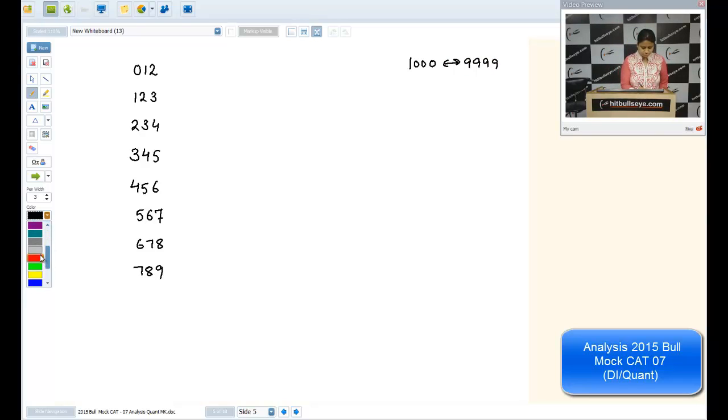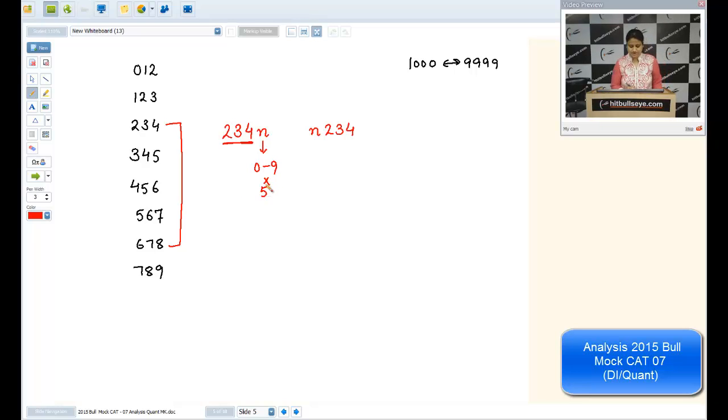First of all, I'm taking these cases. First of all, I'm taking 234. Now we need a 4-digit number. It can be 234n, since we need this order only, 234 in increasing order only. It can be n234 as well. Now this n can be 0 to 9, anything, but 5 is not acceptable here, since we need exactly 3 digits in increasing order.